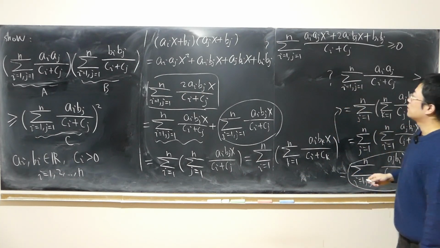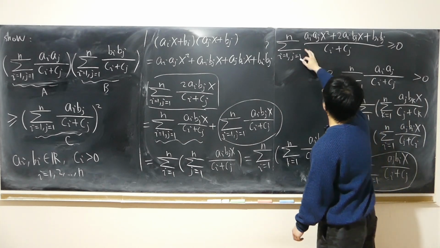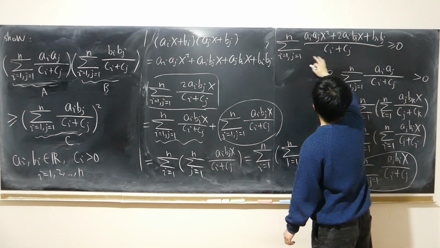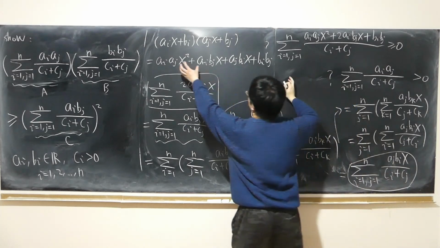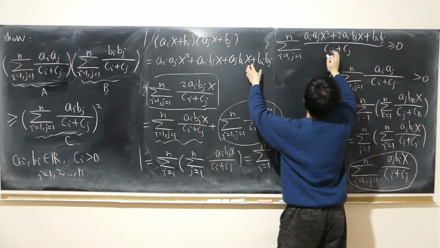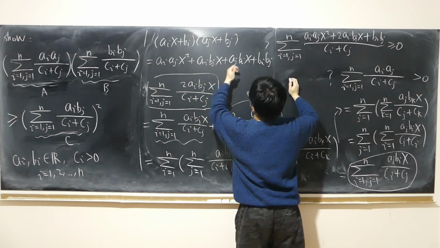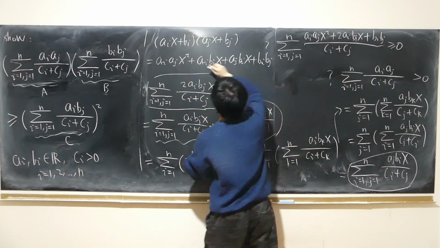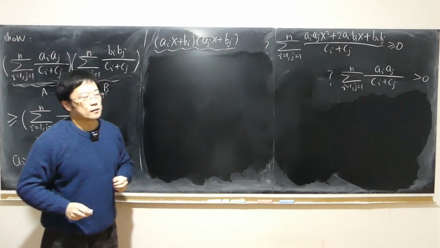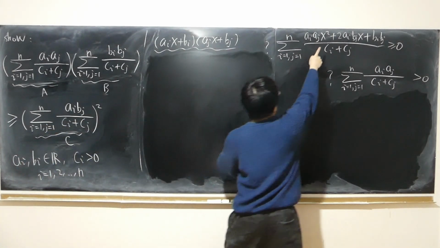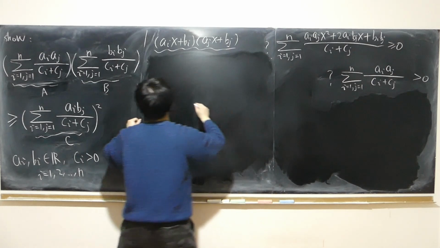So this double sum should equal the same bottom, with the top changed into this. Like I said, we can change this top into this factorization.